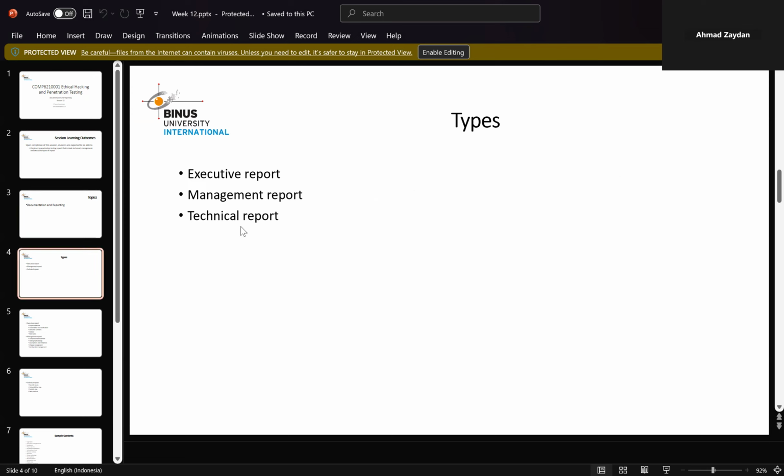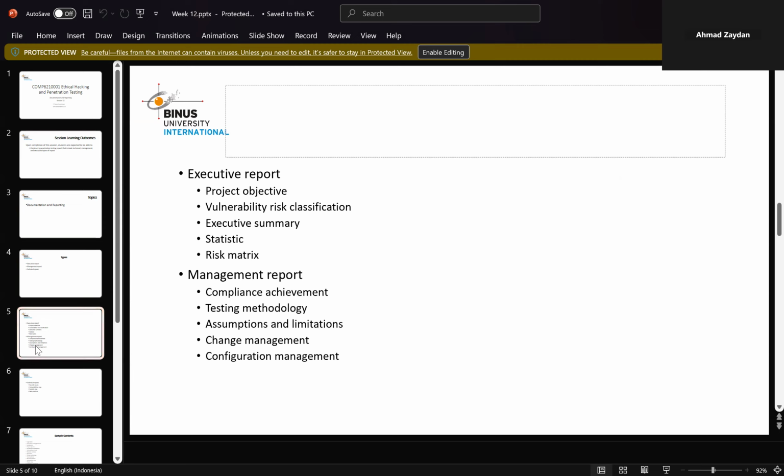There are three types of report that are used, especially for the final project. There's the executive report, management report, and technical report. The executive report basically contains the objective of the project, vulnerability risk classifications.